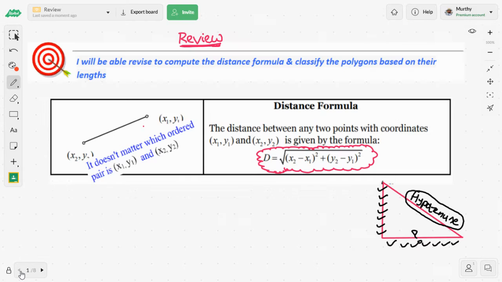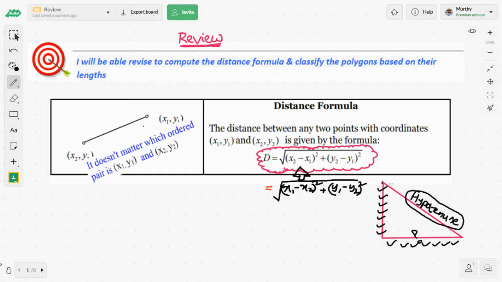One more important thing: you know the distance formula is (x2 subtract x1) whole square plus (y2 subtract y1) whole square. In case you write it backwards, with (x1 minus x2) whole square plus (y1 minus y2) whole square, this does not match the prescribed formula, but it is still acceptable.